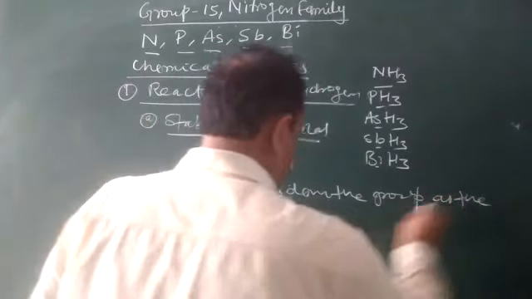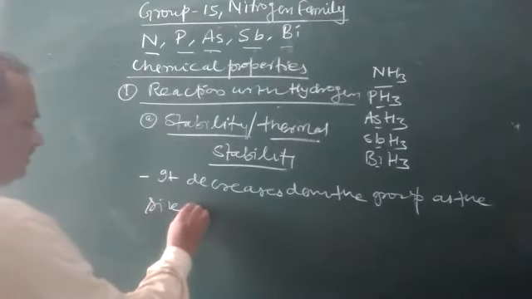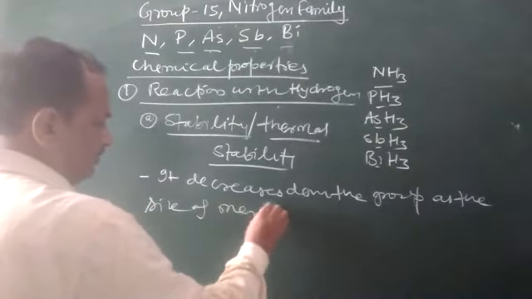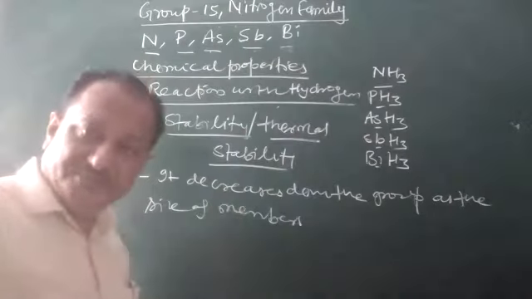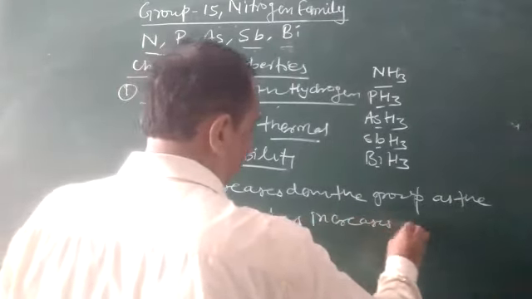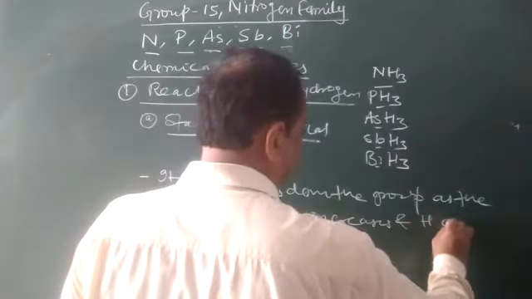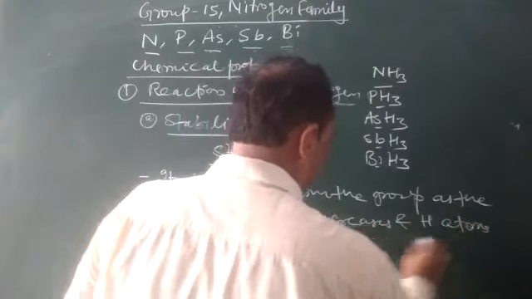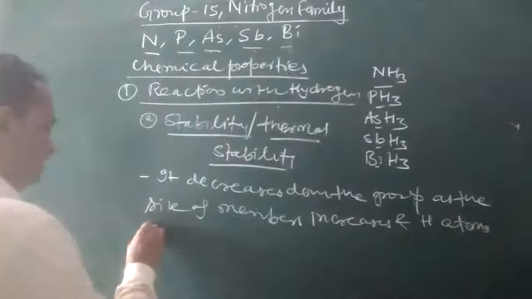It decreases down the group as the size of the group 15 members increases, and hydrogen atoms are bonded by poor attractive forces.